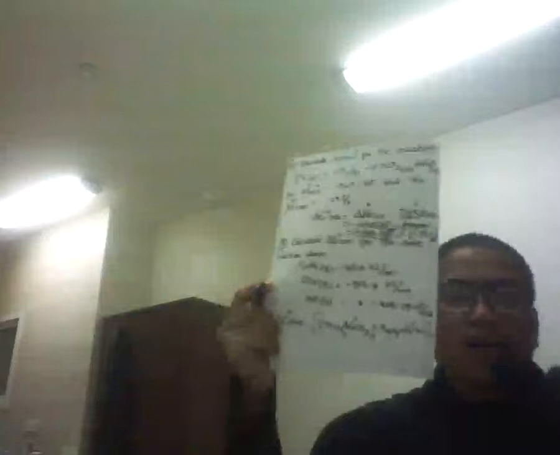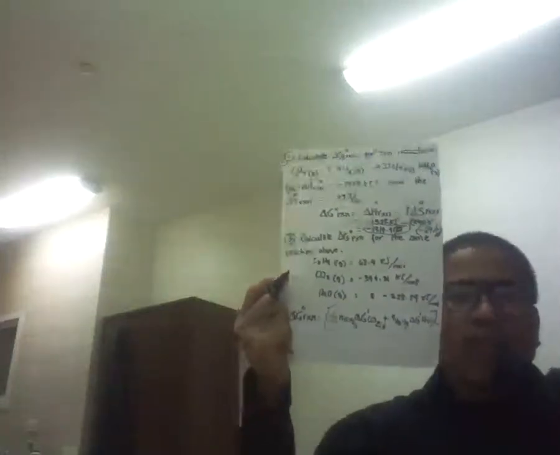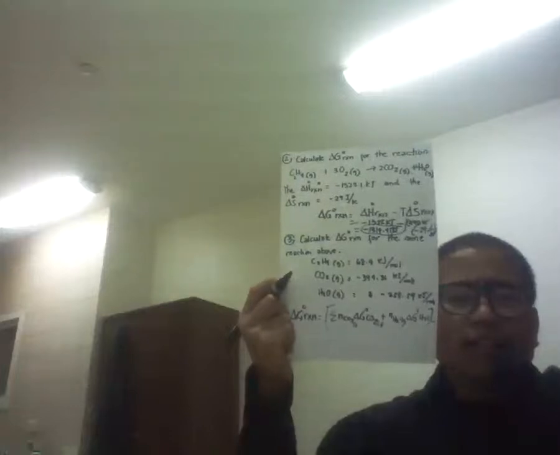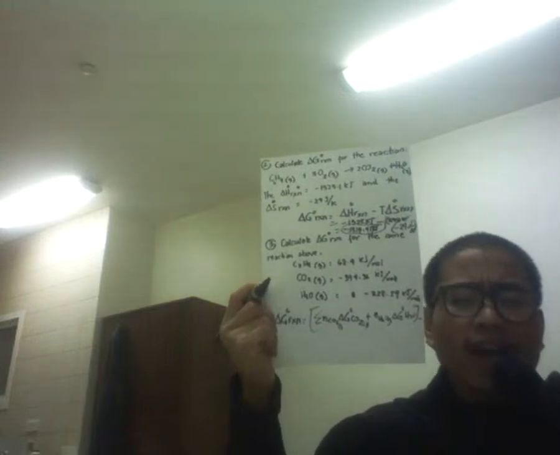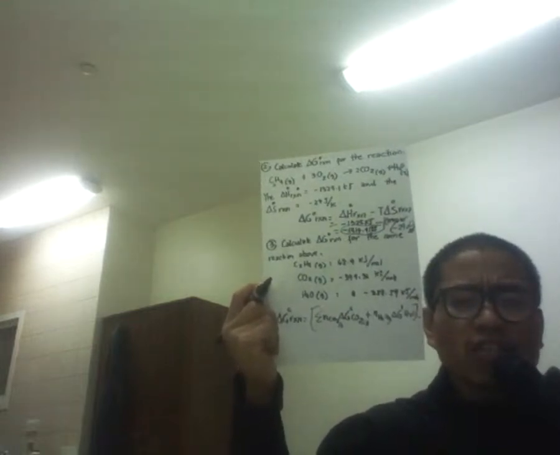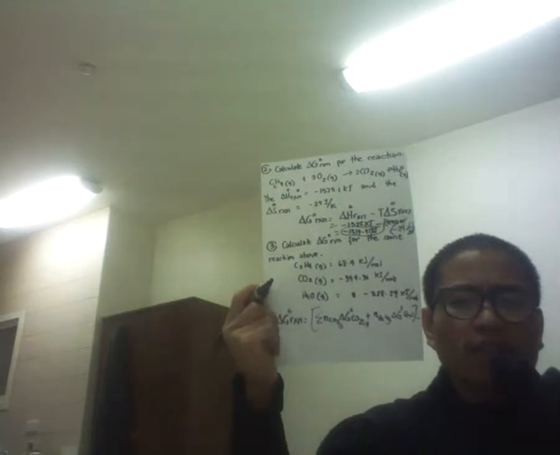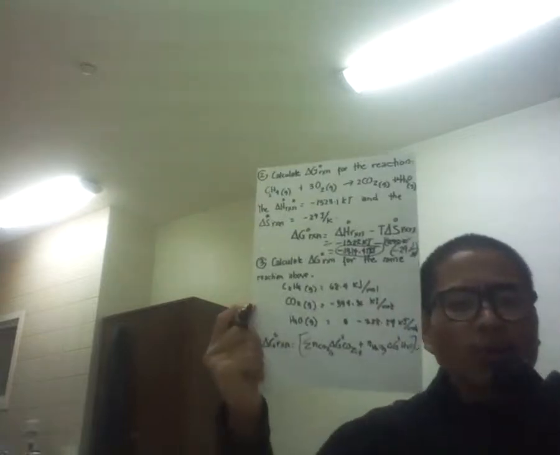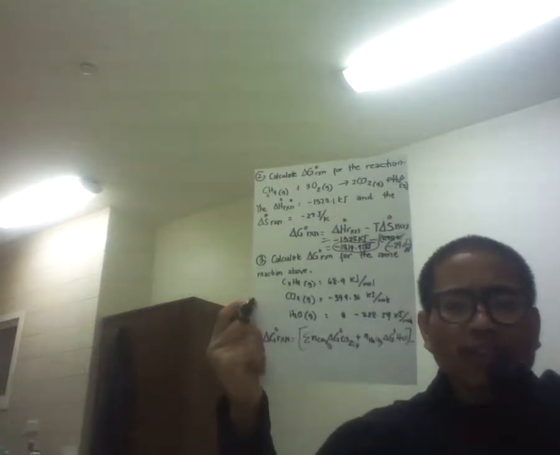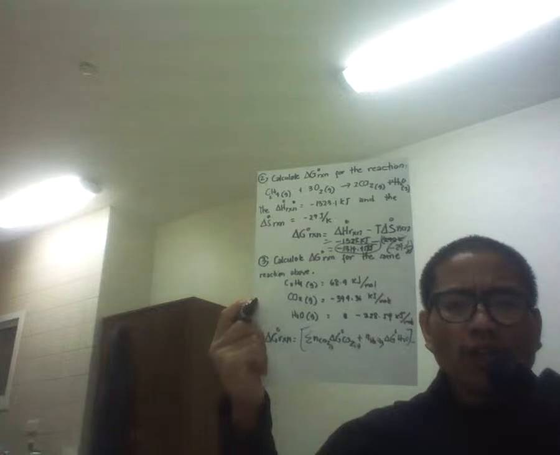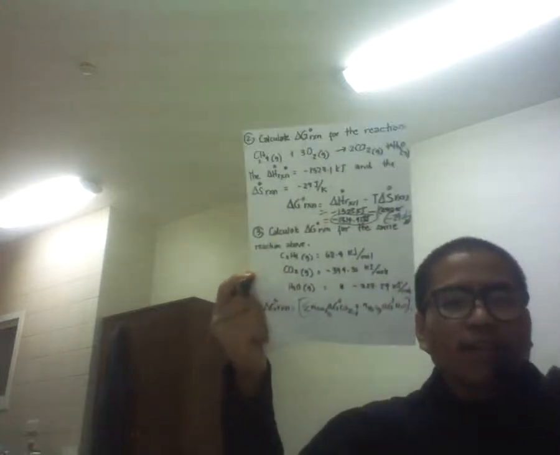The subscripts are white, but don't you worry, if you understand, it doesn't matter. So, number of moles of CO2 gas times the delta G standard formation of CO2, plus another product, water gas: number of moles of water in gas state times delta G standard of formation of water, minus the reactants.